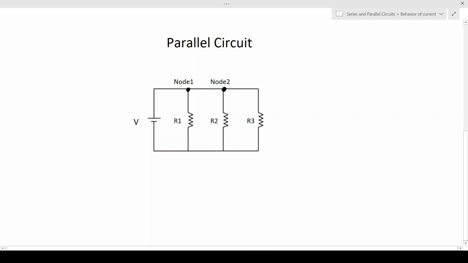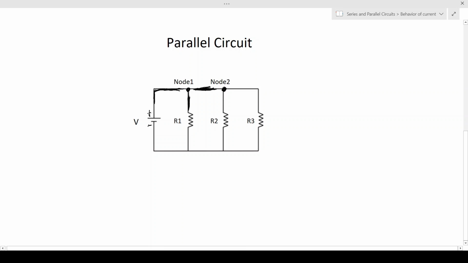If you take a look at node 1, we are connected to the positive terminal of the voltage source. We are also connected to R1, which is our resistor. And then we're connected to this other part of the circuit, which we can consider to be like a wire.